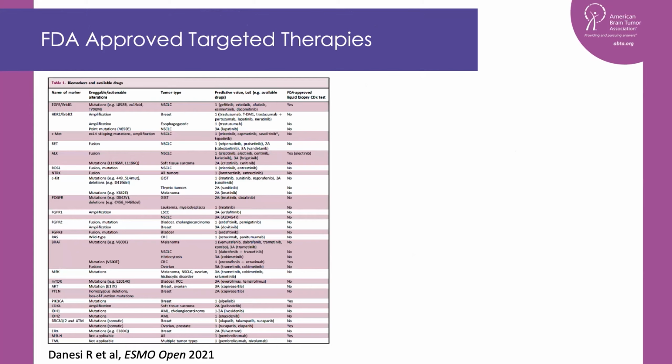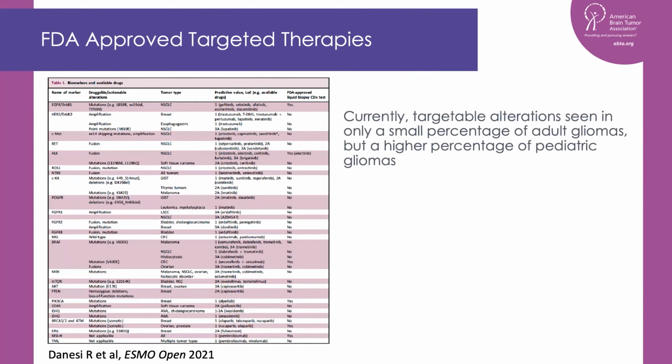So here's a summary from a few years ago of the targets in all cancers that I would consider highly targetable. And there are a subset of these that we see in glioblastoma and high-grade astrocytomas. Unfortunately, it's a relatively small percentage of at least glioblastomas, but a higher percentage of pediatric tumors.